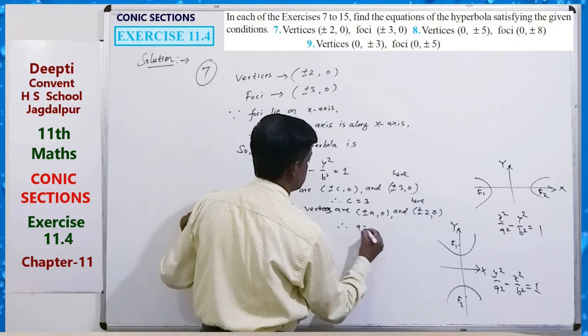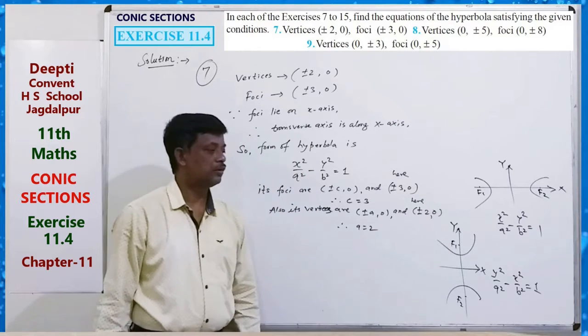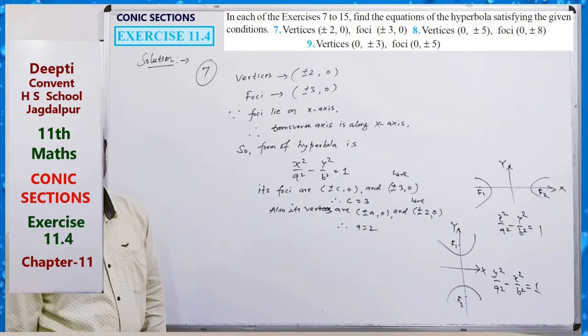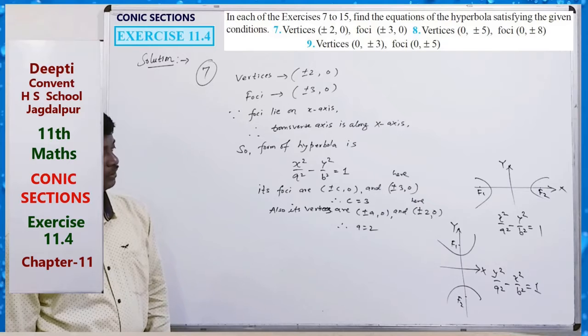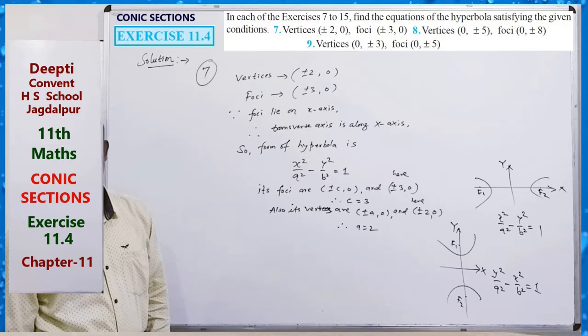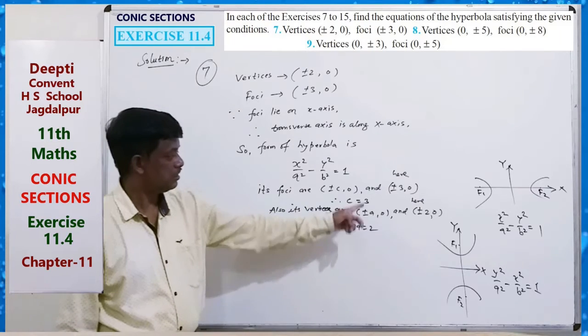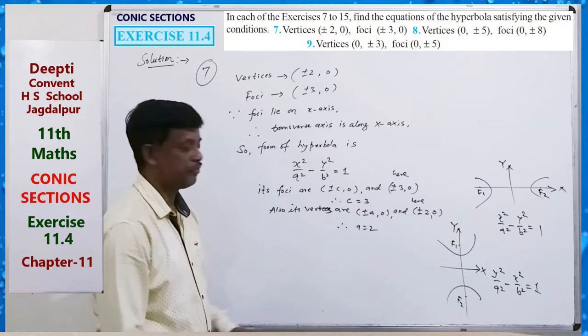Therefore a equals 2. So a equals 2, c equals 3. Clear? So c is 3, a is 2. You can find b.